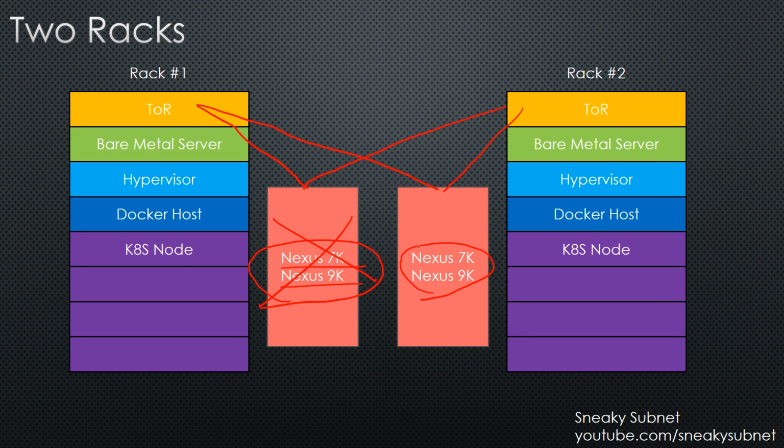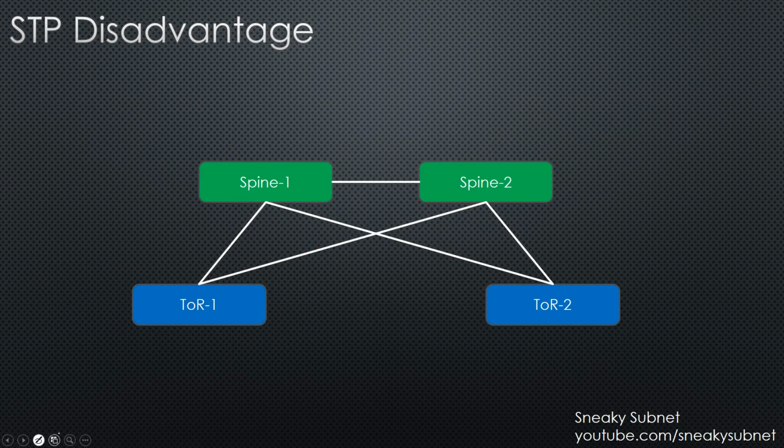And here we will face our second problem, and to demonstrate it, let me show you the same diagram, but in more logical view. So here we have our top of rack switch number 1, top of rack switch number 2 for rack number 2, and here we have our spines. Spines in our case are those intermediate switches, Nexus 7K 1 and Nexus 7K 2.